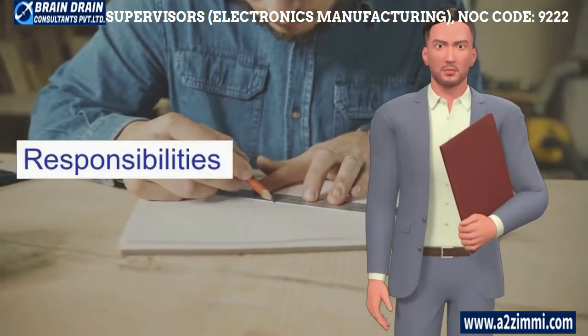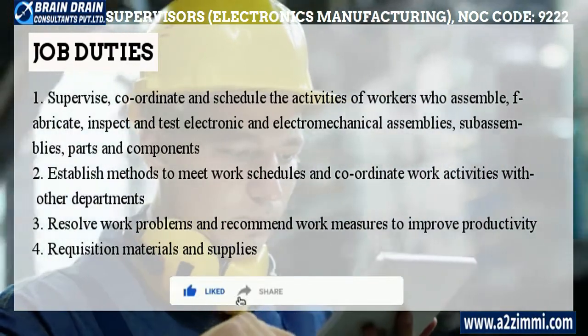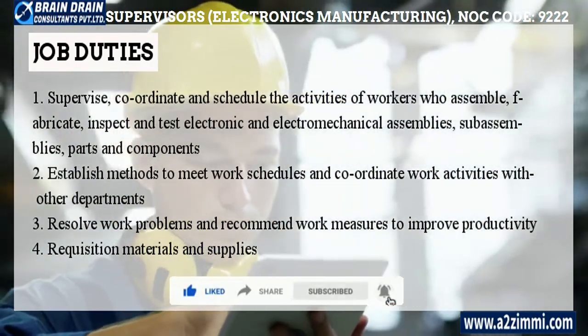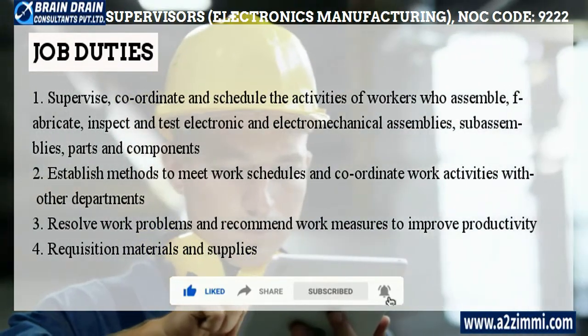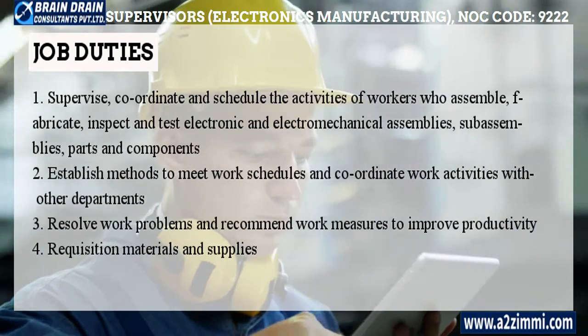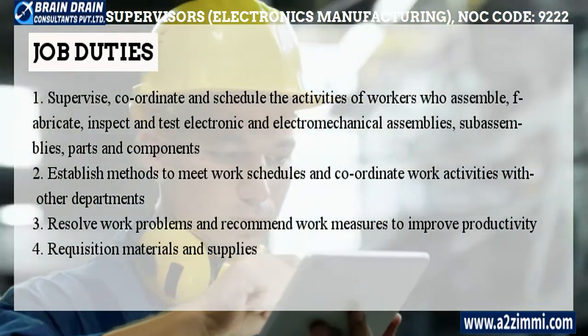So, here we go. Main job duties of supervisors, electronics manufacturing are as follows. Supervise, coordinate and schedule the activities of workers who assemble, fabricate, inspect, and test electronic and electromechanical assemblies, subassemblies, parts and components.